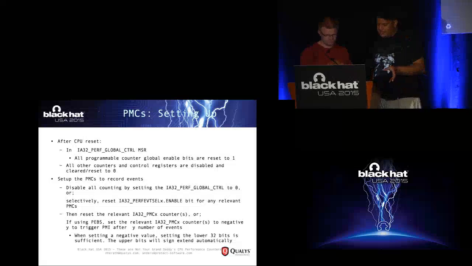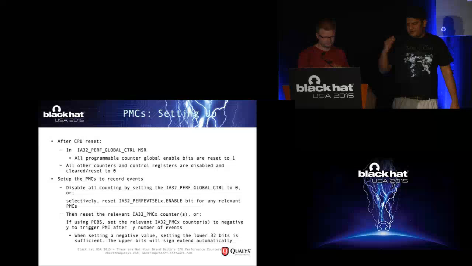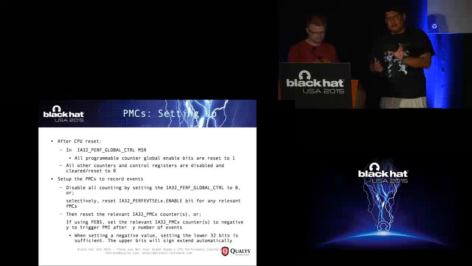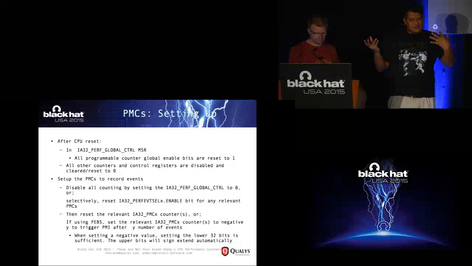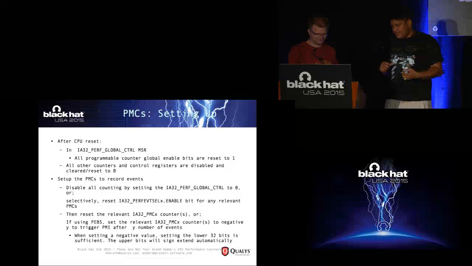You can do this by setting the IA32_PERF_GLOBAL_CTRL MSR to 0, or reset the individual event selectors for each register. For the performance counters, you get the event selector and the event counter. By setting the event selector to 0, you can disable the counting.